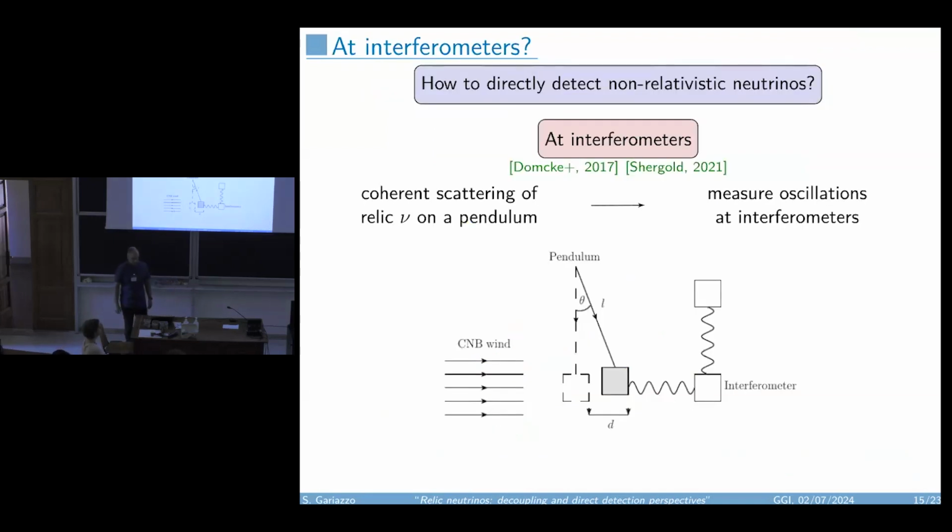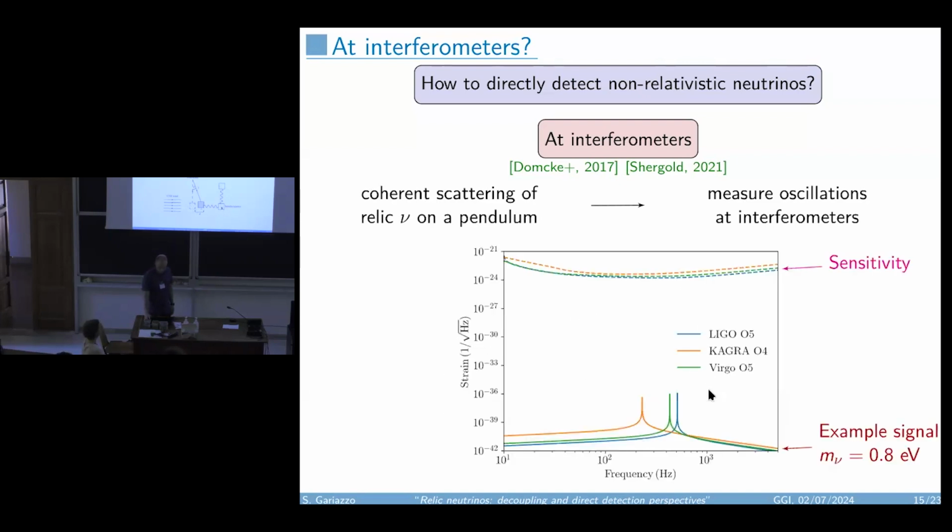Another possibility, instead of having the coherent scattering and trying to measure a torque, is to try to measure oscillations. The idea again is the same. If we have a flux of cosmic neutrino background, that will generate an oscillation of the target, which, for example, is a pendulum. If we put this pendulum on interferometers, we can try to detect the small variation of distances just by using the same principle we use for gravitational waves.